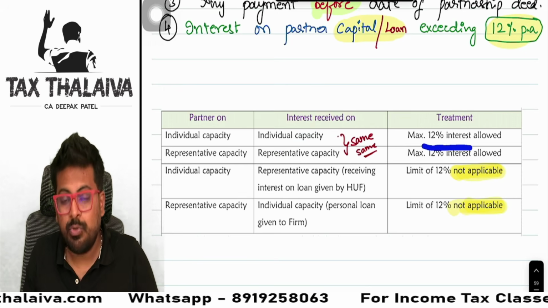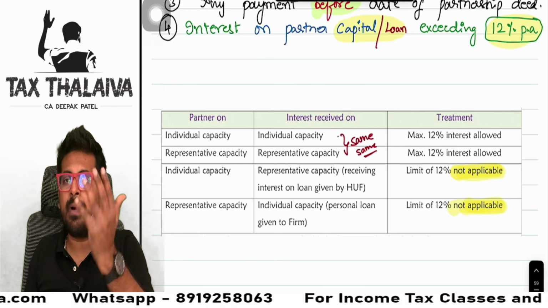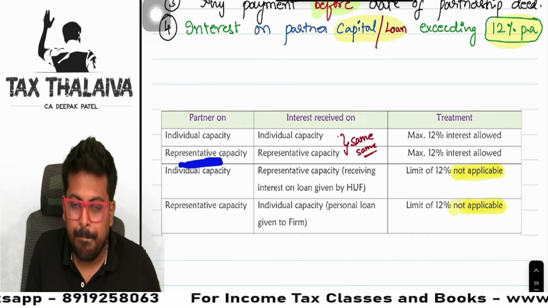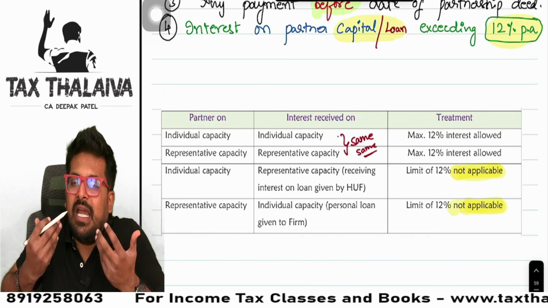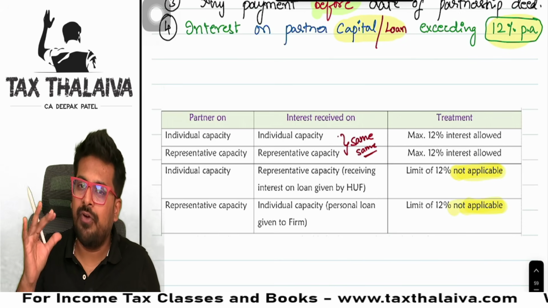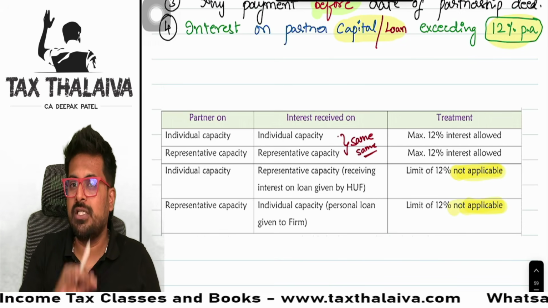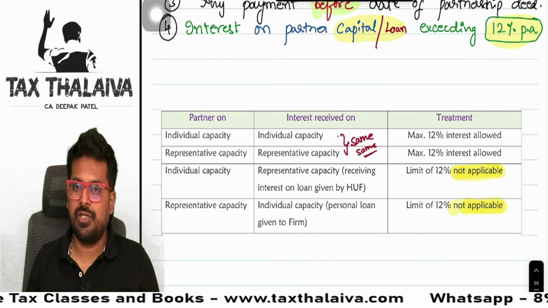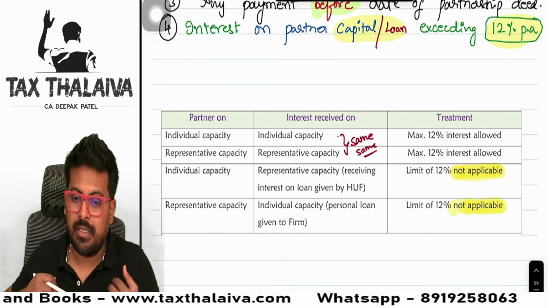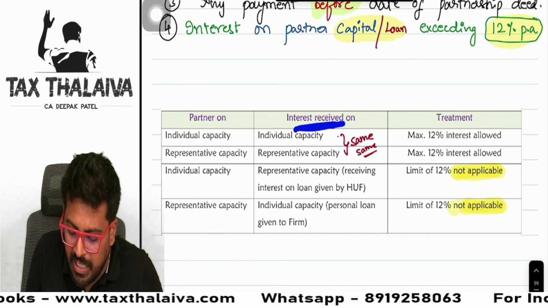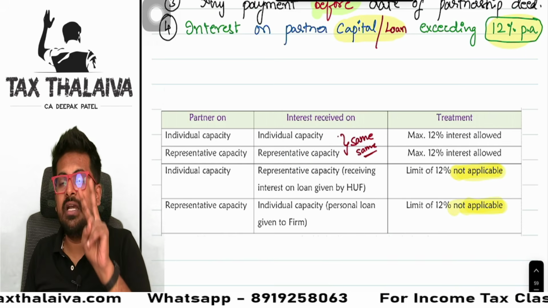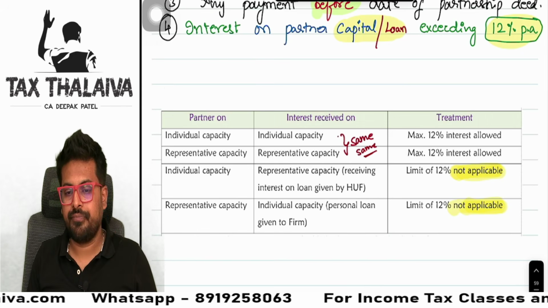In that case, a maximum of 12% interest is allowed. But if I am in a representative capacity, let's say, for example, my HUF is a partner in the partnership firm. I am not the partner, I am just the Karta, and I am receiving interest in representative capacity, then also a maximum of 12% interest is allowed.